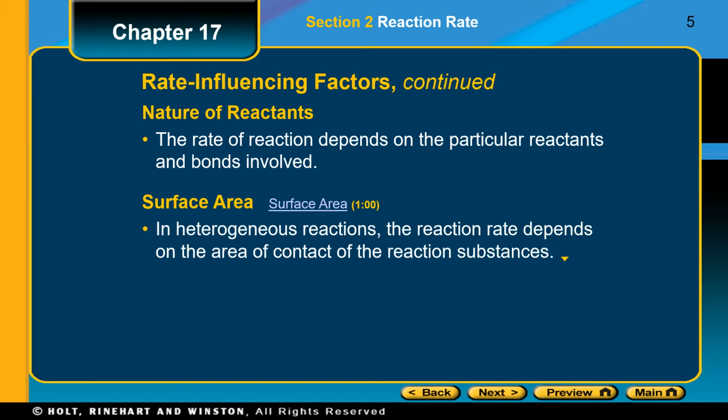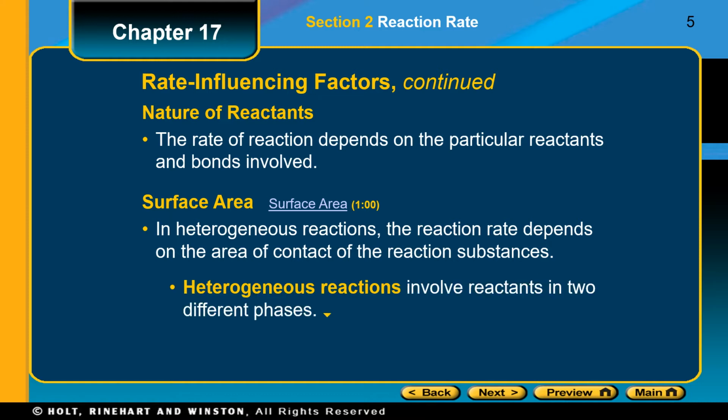Now, in heterogeneous reactions, the reaction rate depends on the area of contact of the reacting substances. In other words, how much of the surfaces are actually touching each other. Heterogeneous reactions involve reactions that are in two different phases. Remember, homogeneous is as if they were both in the same phase, like a gas reacting with another gas.